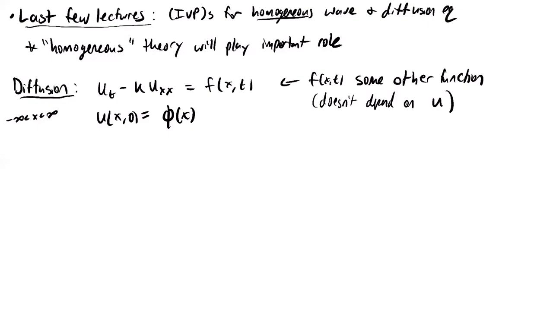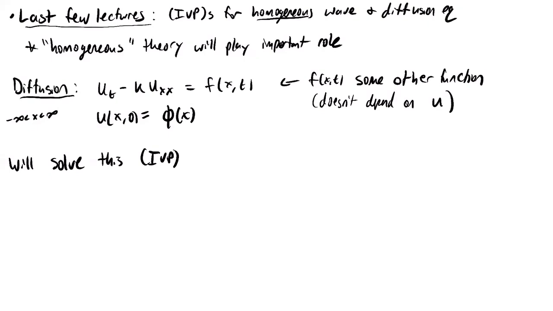And what we're going to do is solve this IVP. Again, the main difference is that we've replaced 0 in the PDE by some other function f. And so this will take maybe about half the lecture, and then in the other part of the lecture, we'll do the same thing for the wave equation, where now we add in some other function, f of x,t, instead of 0.